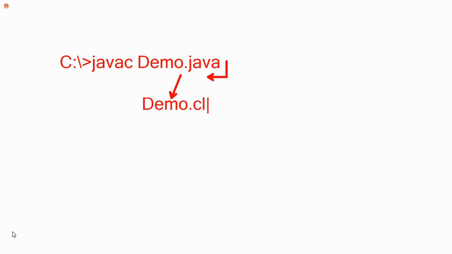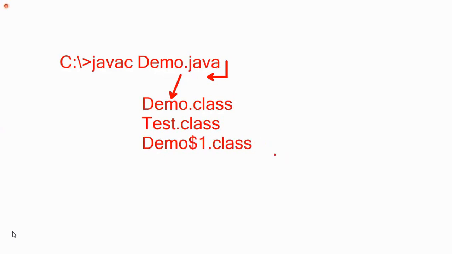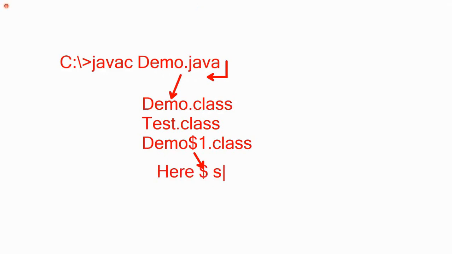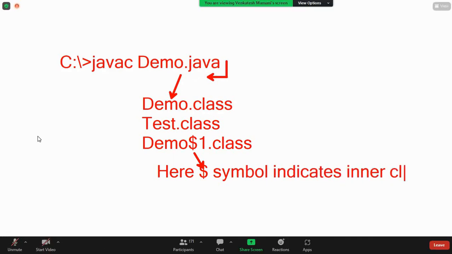If you compile javac Demo.java, here Demo.class, Test.class, Demo$1.class are generated. Here the dollar symbol indicates an inner class.